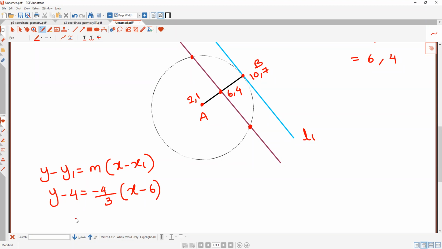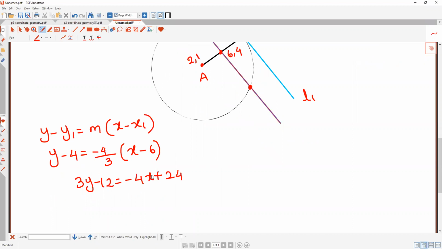Okay, so if you go, you will get 3y minus 12 is equal to minus 4x plus 24. Okay, so 3y is equal to minus 4x plus 12.